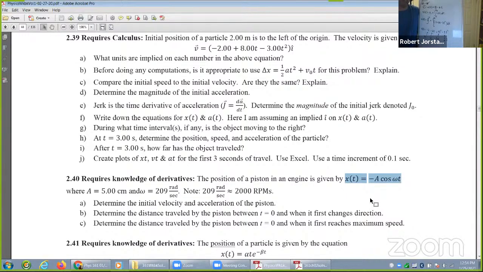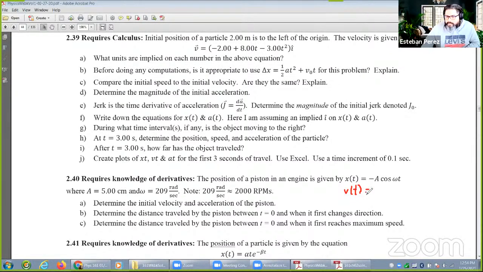If you take a derivative of that, what's the velocity? How do you get the velocity? It would be negative a sine. Derivative of sine is cosine, which means derivative of cosine is negative sine. And then omega pops out.